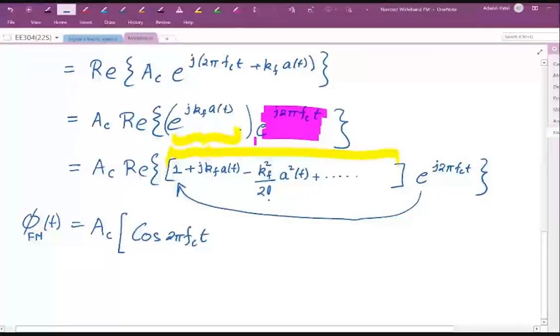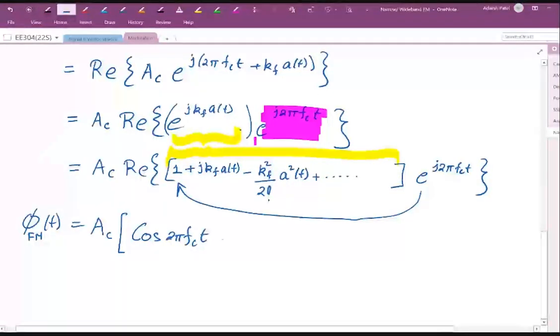Similarly, what should be the other terms? The next term after taking the real part would be what? Minus k_f squared into a squared by 2 factorial into cos.